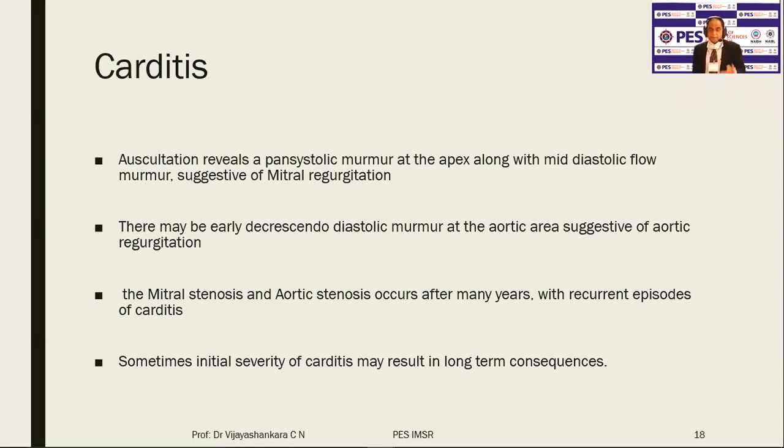The stenotic lesions are not seen during the acute stage of acute rheumatic fever with carditis. Sometimes the initial severity of the carditis may result in long-term consequences. One episode of severe carditis may end up with long-term consequences.